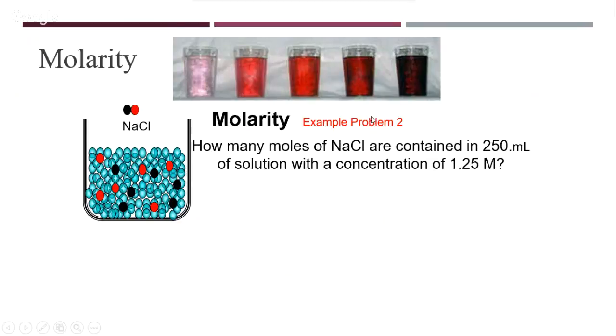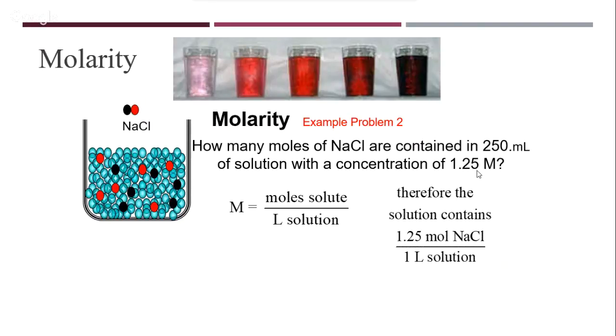Second problem: how many moles of NaCl are contained in 250 ml of a solution of molarity 1.25? In this situation, molarity is given to us and we have been asked for moles of NaCl. You realize that molarity is moles per volume, moles divided by volume.